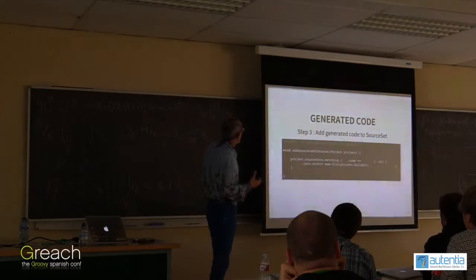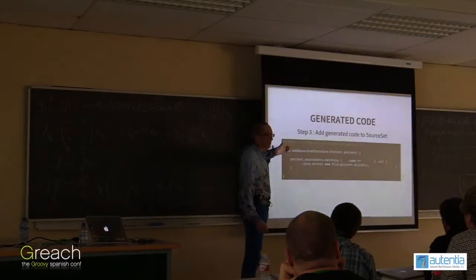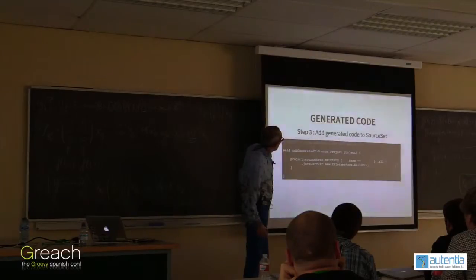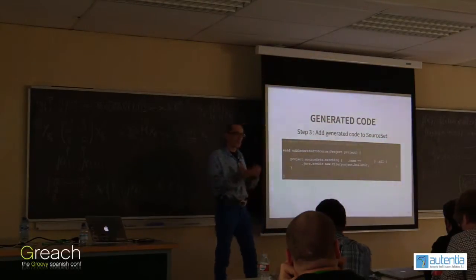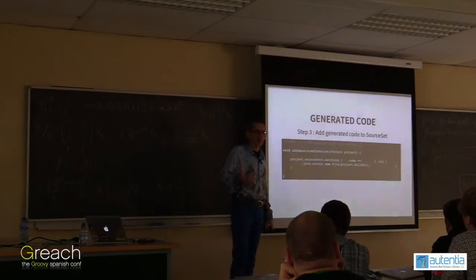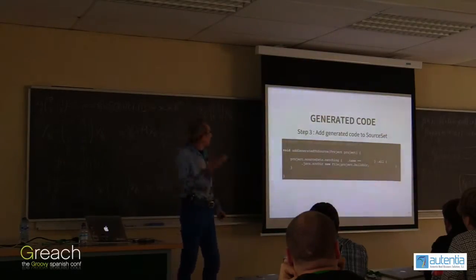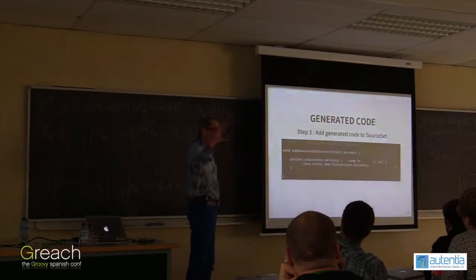The next one is actually more important. Once I've actually written this code, I need to add it somewhere to the source set. And what you will actually do is you'll just run through project.sourcesets, which is all the source sets, and you will look for things where the name matches a pattern. And for instance, you would just say action something where the name matches a pattern of a configuration.